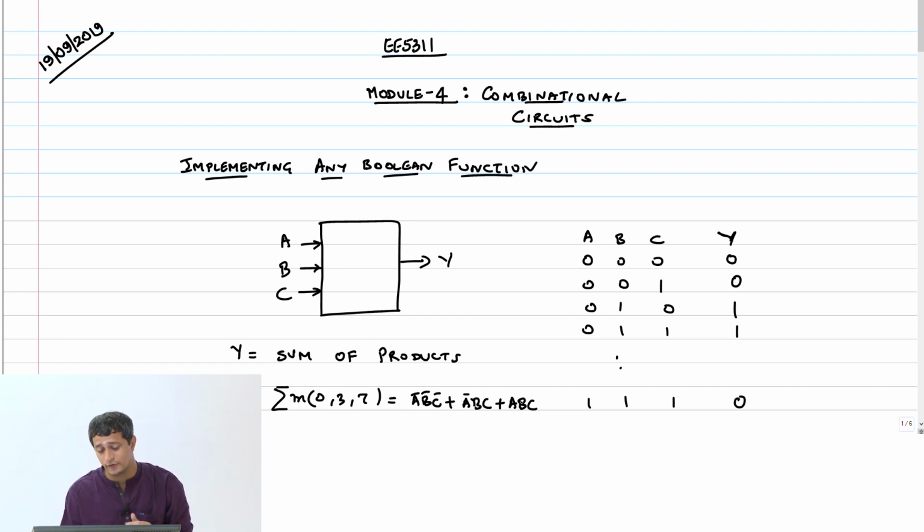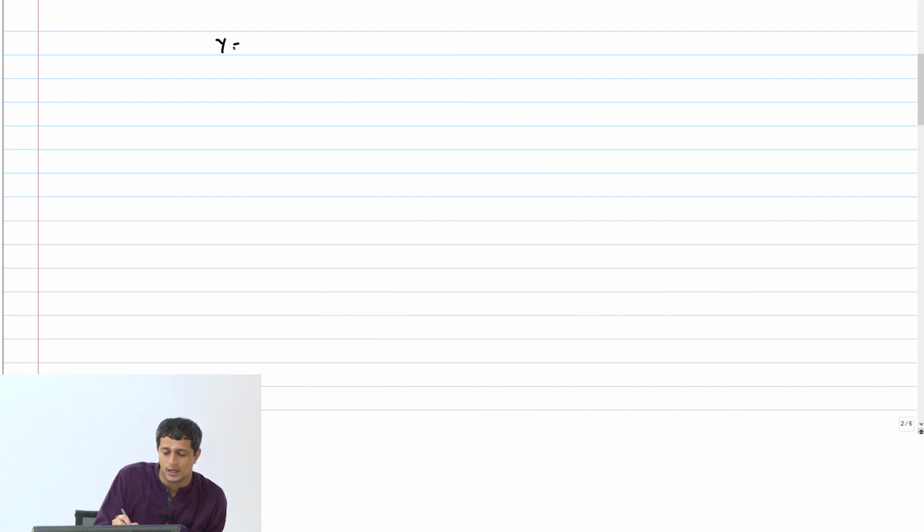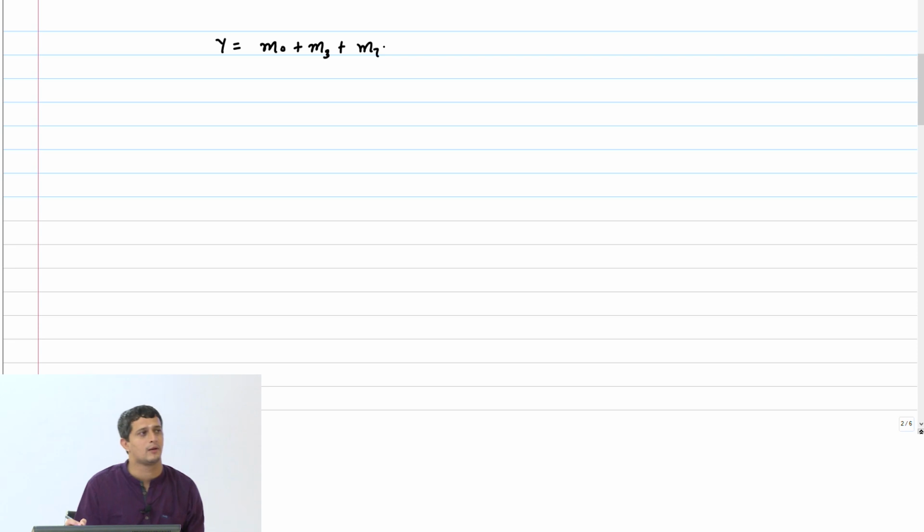Okay. Of course, you can simplify this by combining the A plus A bar and make it 1 and all that. But let's not get into that. Let's assume that you have simplified this whole thing, and then you have some expression that you want to implement. So what does this sum of products mean, right? I have a min term 0 plus min term maybe 3 plus a min term 7. Each min term is a product of the inputs, like here it is A bar, B bar, C bar, right?